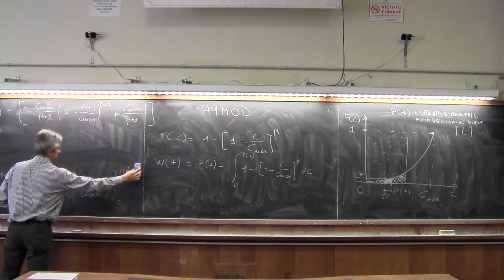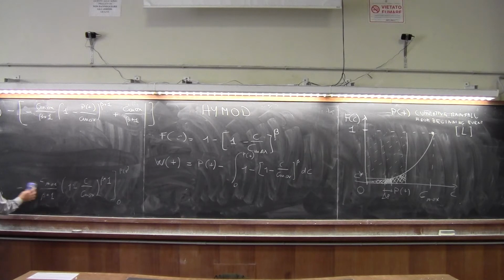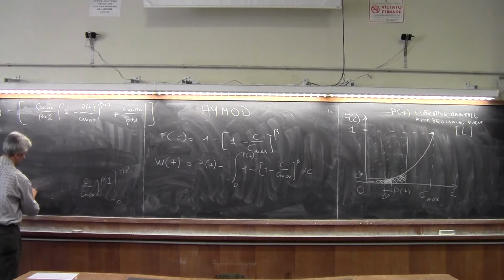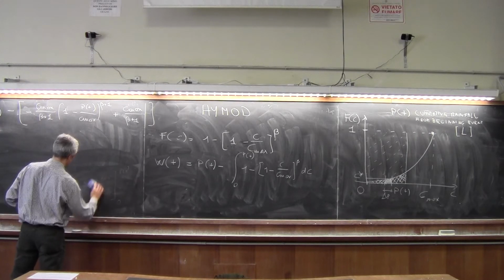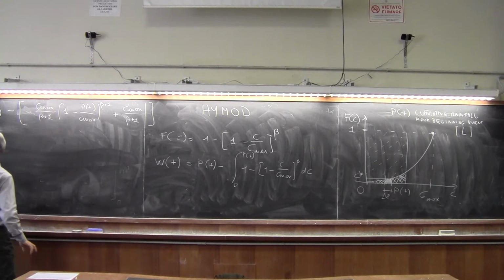Okay, so the problem with the blackboard is that if I make a mistake after I have deleted, then it's a problem for me to go back. But anyway, let's hope that I didn't make any mistake. And then here we can write PT minus.